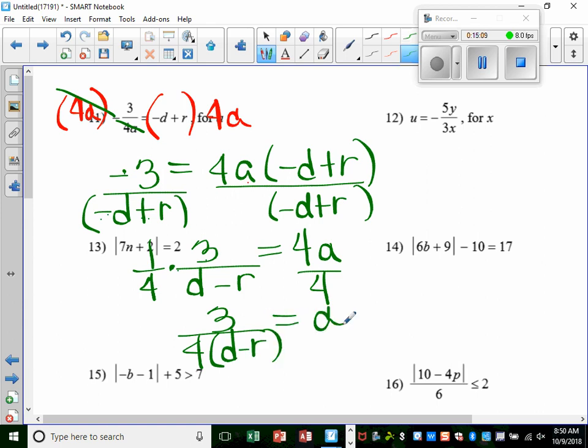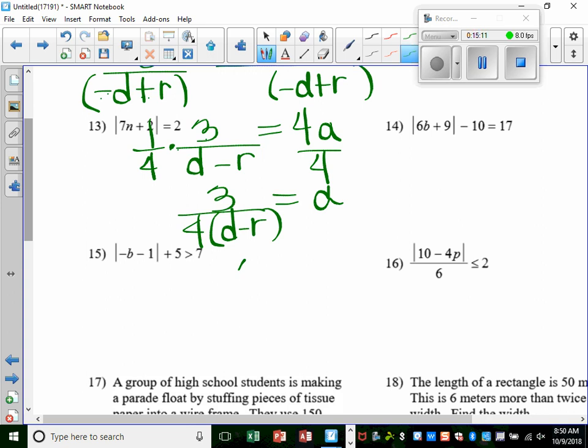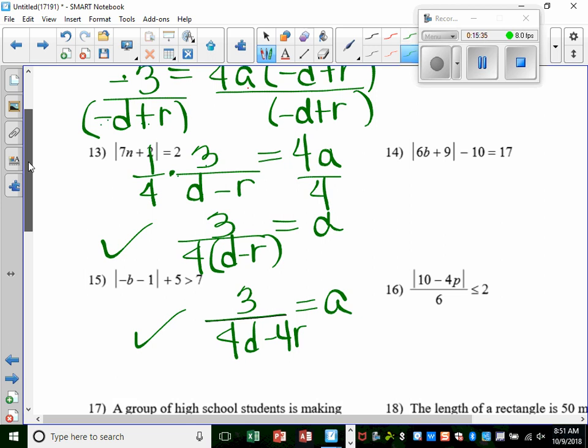Now, if you wanted to, the other option is to distribute and have 4d minus 4r. You don't have to. Okay, so I would accept either one of these answers right here. Okay, you can distribute the 4 or not. Okay, that one was a little tricky. I probably won't have one like that one on the test, but it's a good problem to know how to do. Okay.